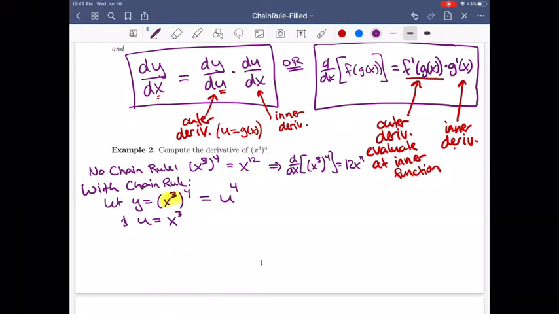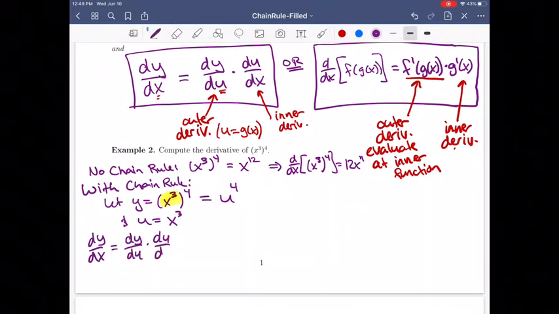Then, using the Leibniz notation, dy dx is going to be dy du times du dx. The y here, I want to use the equation with u. So this is going to be the derivative of u to the 4, so 4u cubed.